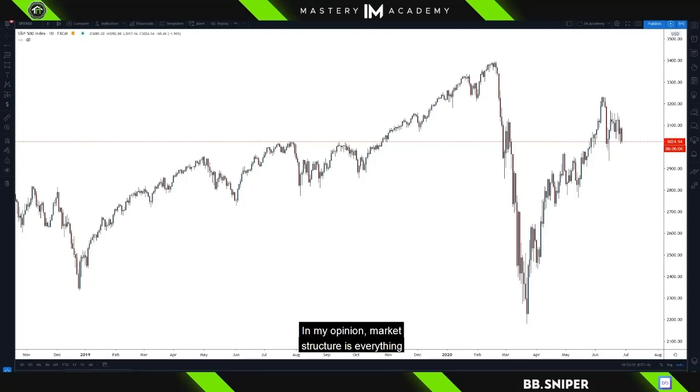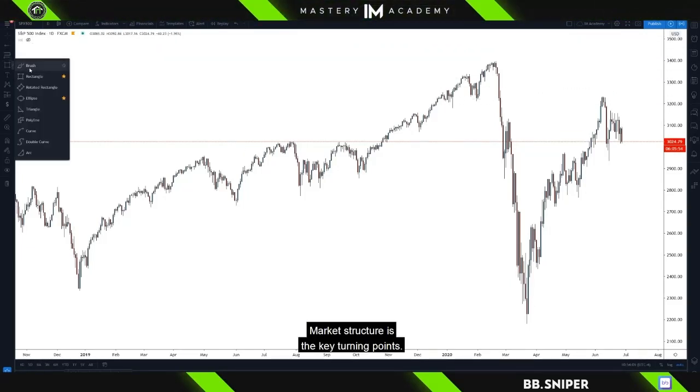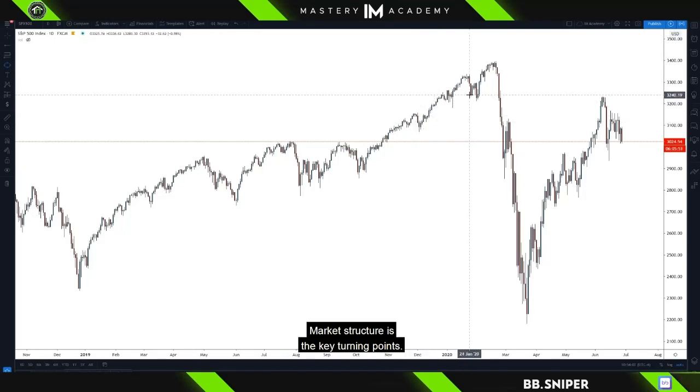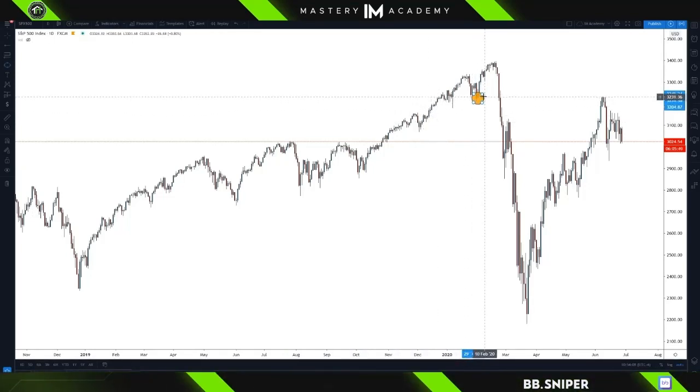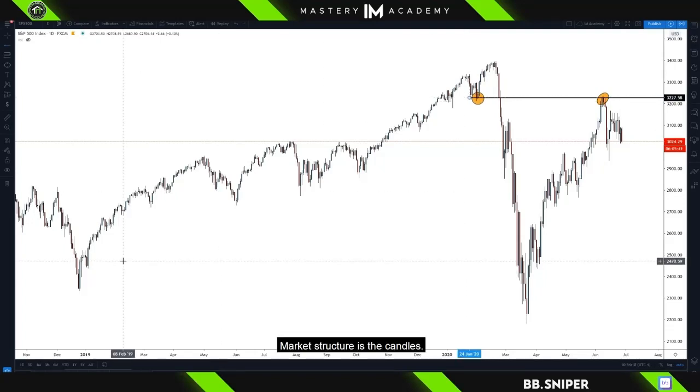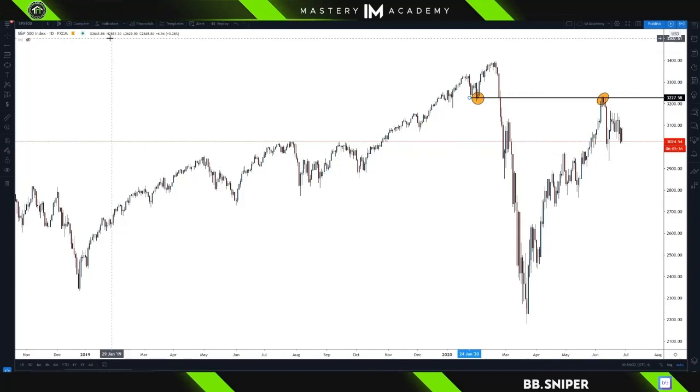In my opinion, market structure is everything on this chart all in one. Market structure is the key turning points. Market structure is the candles.